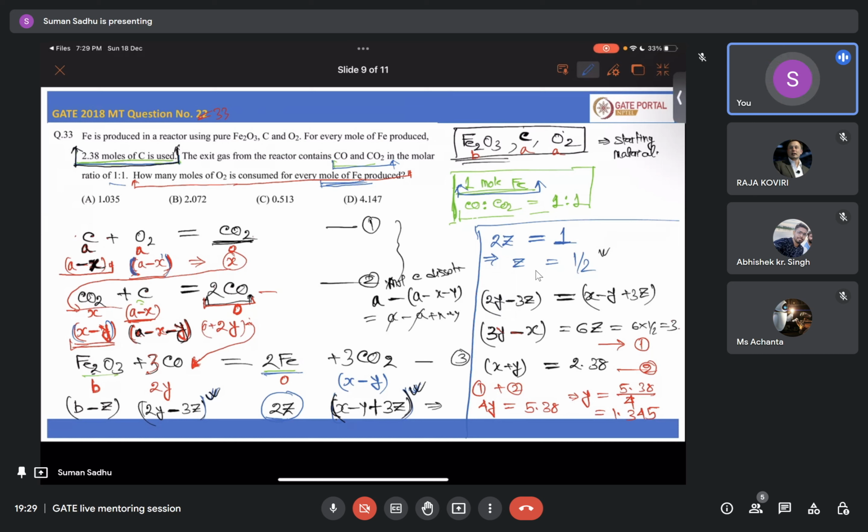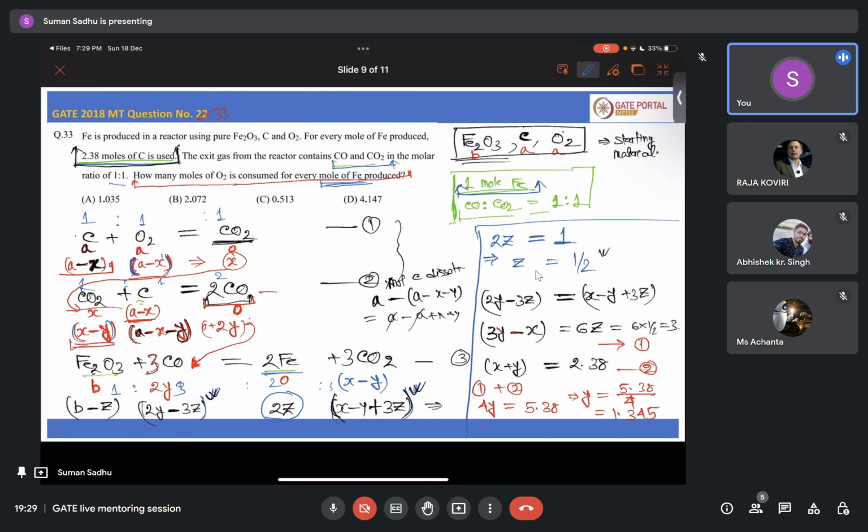So just write the equation with proper sequence and then use this kind of concept: initially this much was there. Now you take x or y as some variable for how much is dissociating. You have to follow the mole ratio, that is 1 is to 1 is to 1 for this equation, 1 is to 2 for this equation, and for this equation it is 1 is to 3 is to 2 is to 3.